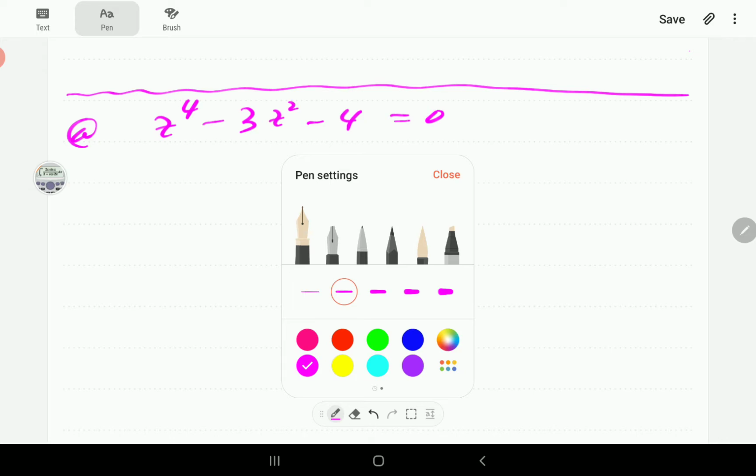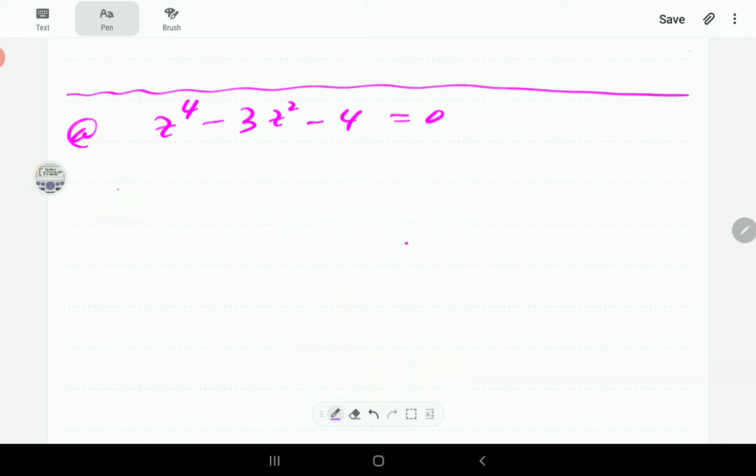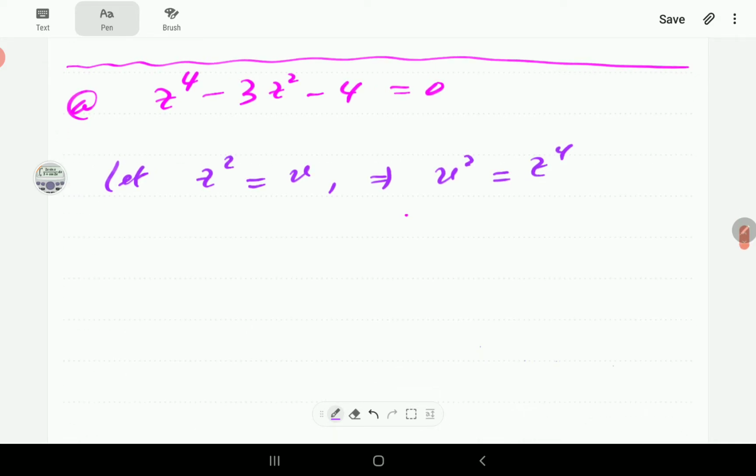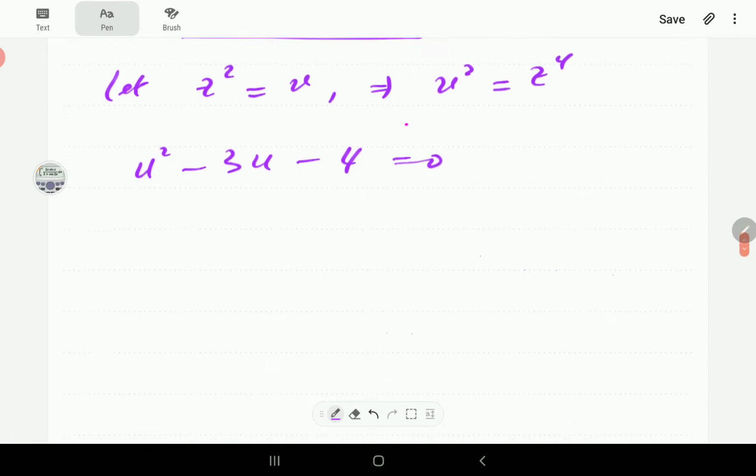So what we can do is let z squared be equal to a new variable, say u. Then u squared is going to be z to the power 4. So this equation becomes u squared minus 3u minus 4, which is quadratic.